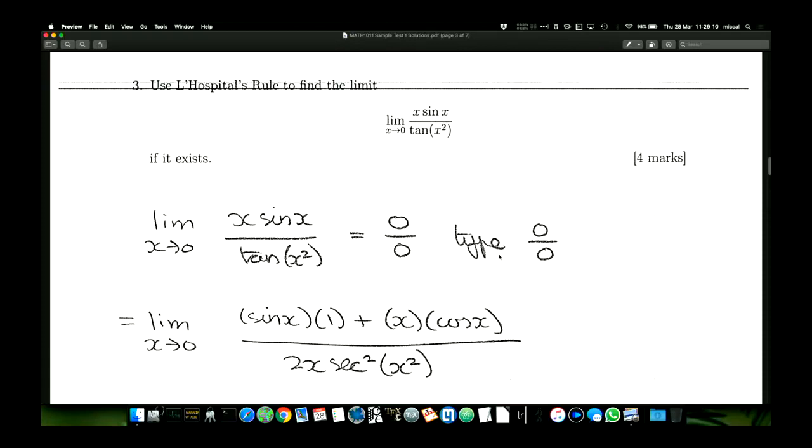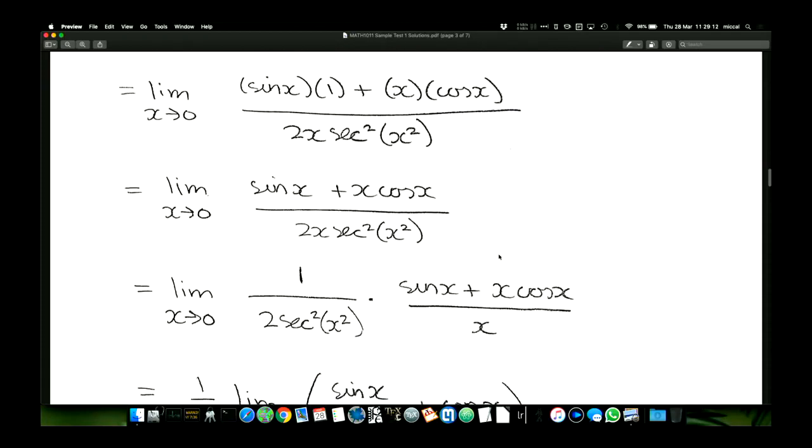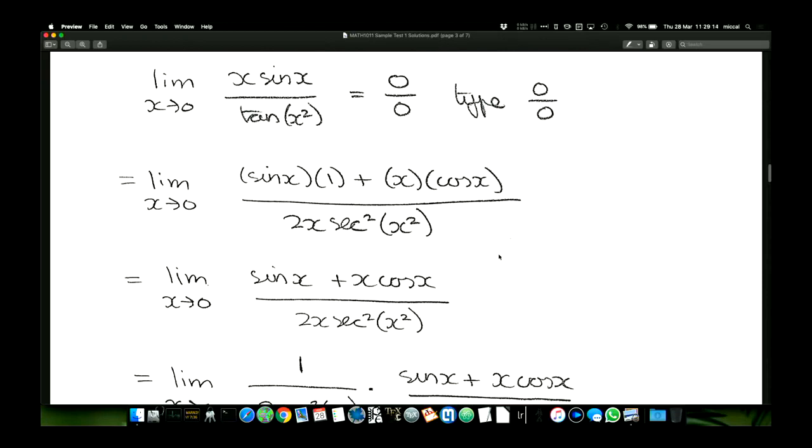Now, when I clean that up, I get to there. What you could do from here is say, when I plug in x equals 0, I get a 0 divided by 0 again, and you could apply L'Hopital's rule a second time. However, I noticed that I can shortcut that with a trick.